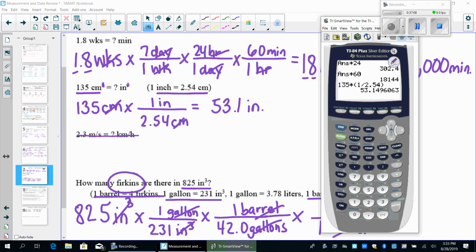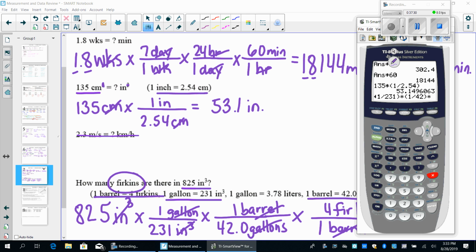You've got 825, and then you can put it in exactly as you see it, in parentheses 1 divided by 231 times, in parentheses 1 divided by 42 times, and you could just do times 4, or just to follow the consistency, put in parentheses times 4 divided by 1. That way everything goes in the calculator as you see it.